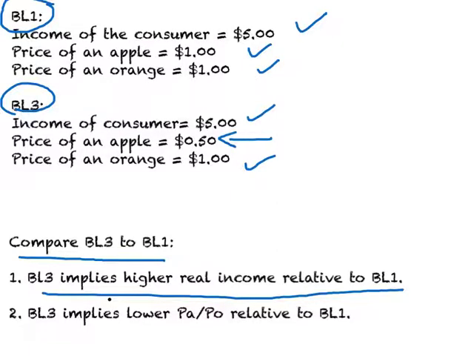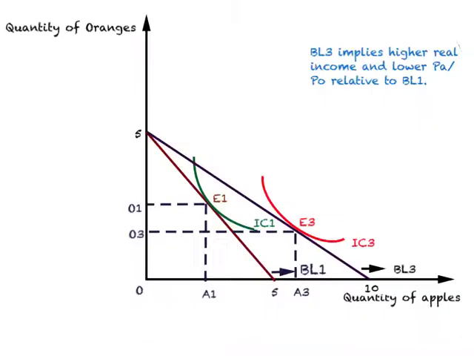Another thing implied when we compare BL3 to BL1 is that BL3 implies lower PA by PO relative to BL1, or in other words, apples have become relatively less expensive relative to what? Oranges. So we'll make this comparison and show what is the effect on consumption.